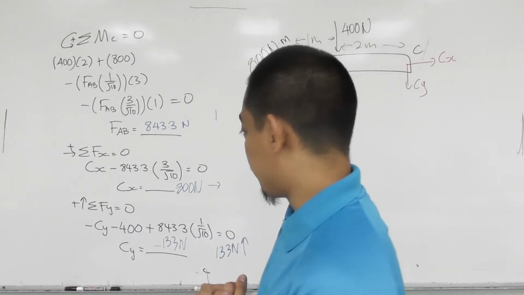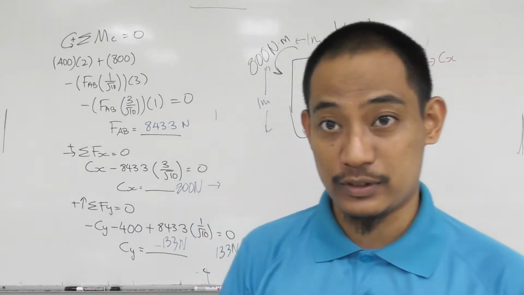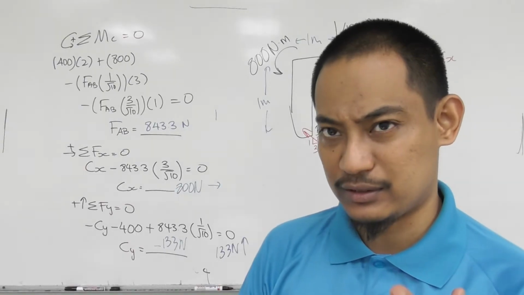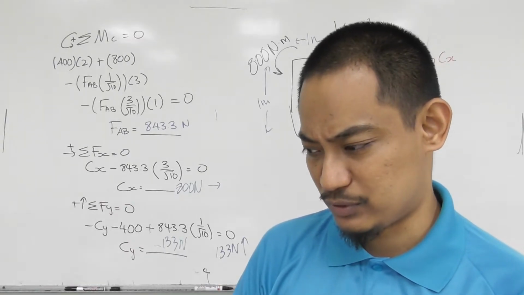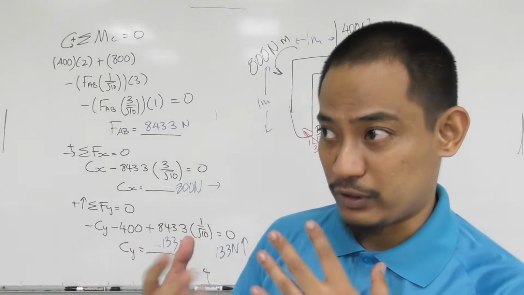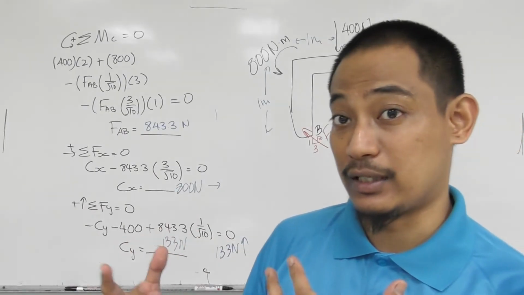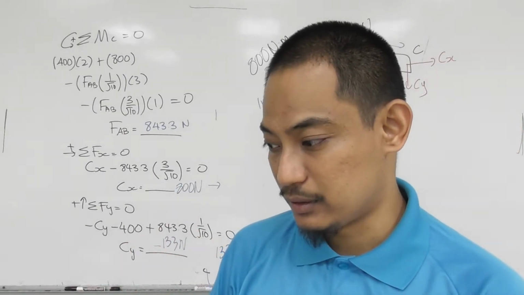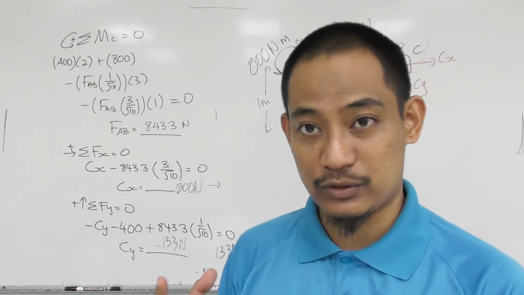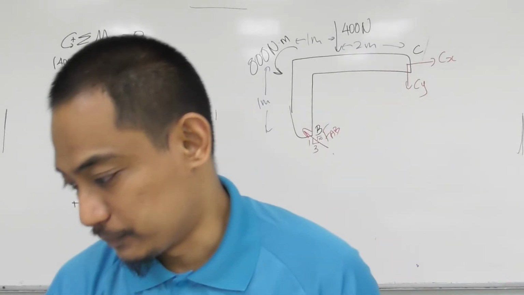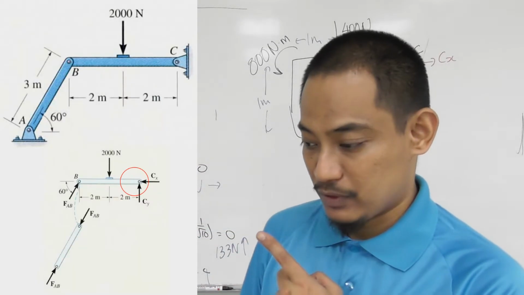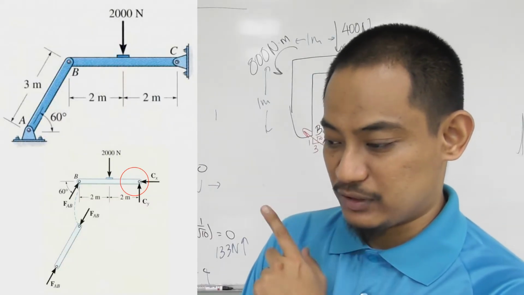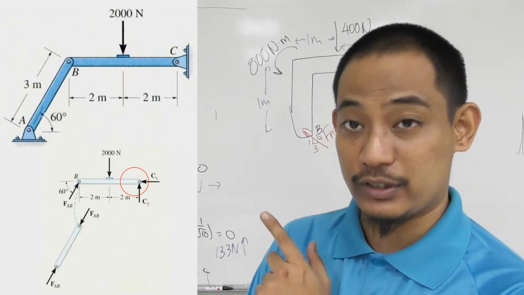Alright, so we will go into the concept quiz. Normally in this kind of lecture, I don't discuss the concept quiz that much because I can discuss it straight away in the class. But this one is quite important, I think. So I put the picture here first. The figure shows a frame and its free body diagram.